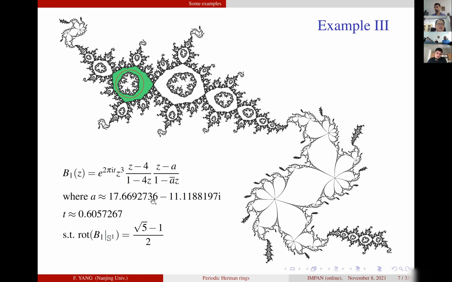The a is chosen such that this map has a fixed parabolic point here with rotation number like 3/7, and we also require the rotation number on the unit circle to be the golden mean. Then this map has a Herman ring surrounding the unit circle.